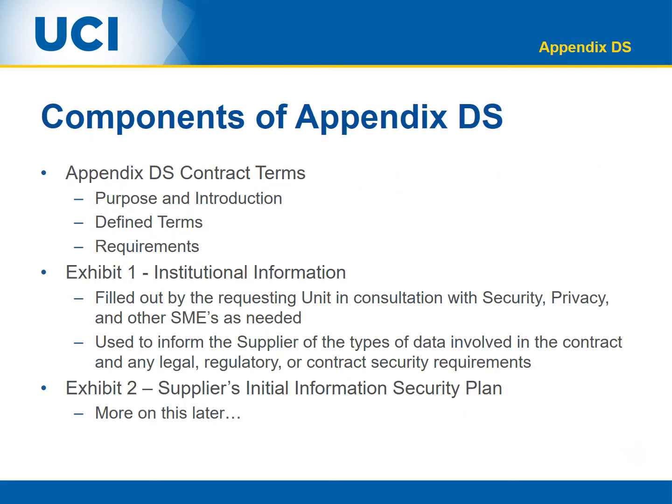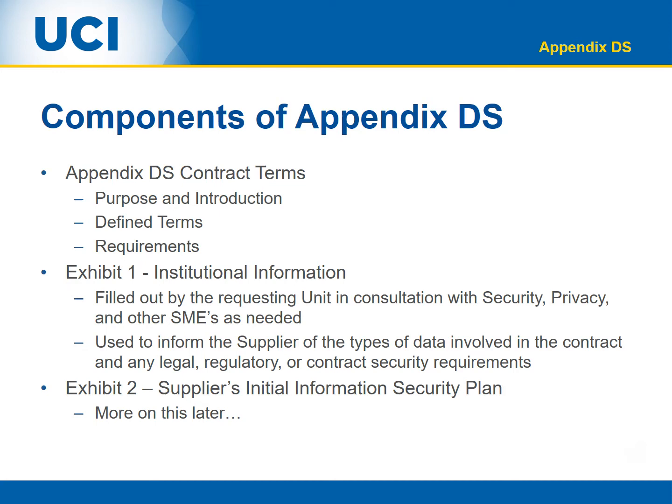So what are the components of Appendix DS? There are three sections to it. The first is the contract terms, where we have a purpose and introduction, we have a glossary of definitions, and then there are 9 articles that set out the requirements of Appendix DS. There's Exhibit 1, and this needs to be filled out by the unit making the purchase.